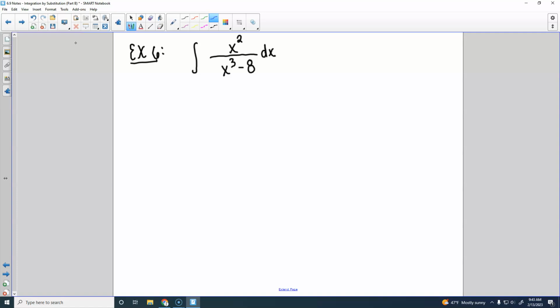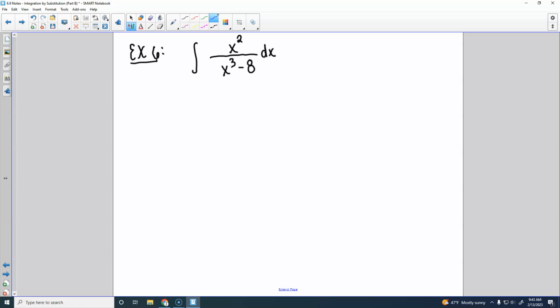Could I use love connection on this one? I could not because it would be upside down. If I tried to divide it, it would look like this, and our heart is upside down, and that would be no good. We cannot do love connection upside down. So this is not a love connection problem, but if it were flipped, it would be one that you could do with love connection, and you wouldn't actually have to use substitution at all.